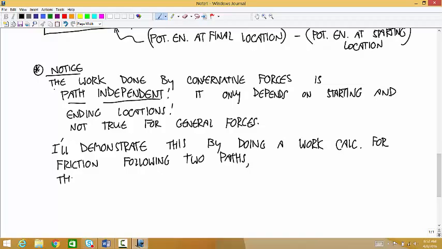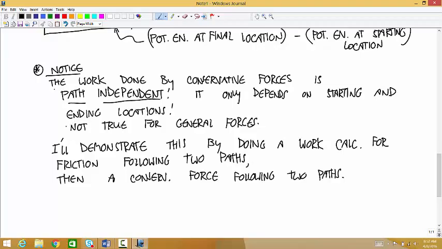And then for a conservative force following two paths. Okay, so what's going to happen here?